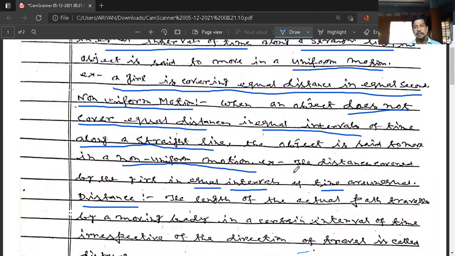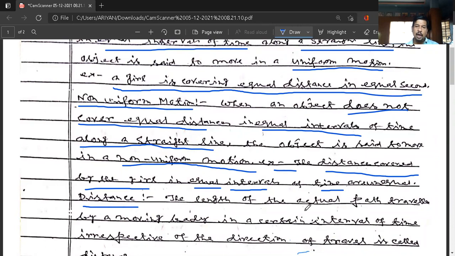The distance covered by girls in equal intervals of time and unequal intervals of time. Distance: what is distance?